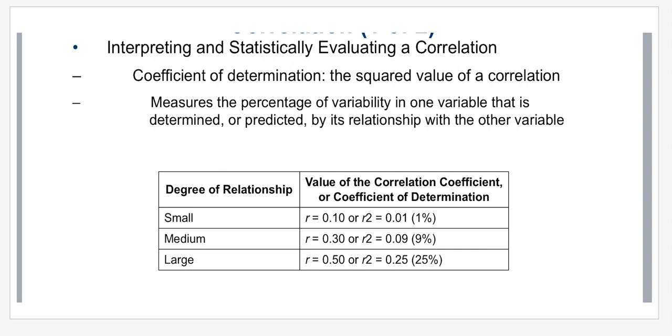So a correlation of 0.1 or lower is going to be considered a small correlation coefficient and a fairly weak relationship. In the medium category, we get 0.3. So if it's between 0.1 and 0.3, generally we would say it is a medium relationship, a medium correlation coefficient, or a moderate relationship between the two variables.